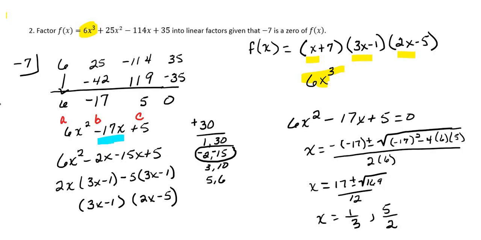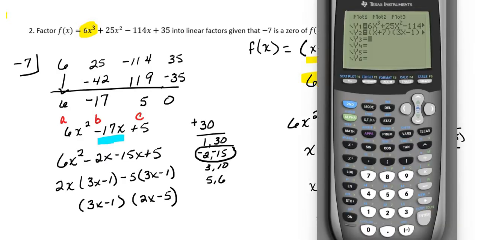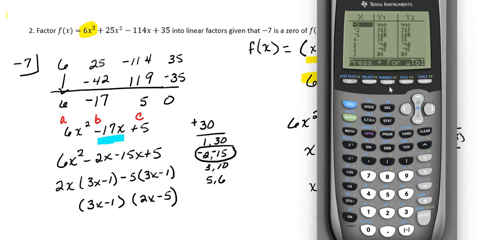So from there, I can then go back and find the factors that are associated with these zeros, 3x minus 1 and 2x minus 5. And again, I can check to see if I got the right answer by putting both the equation that I'm given and the factored form of the equation into my calculator. Look at the corresponding tables, and they should match up.